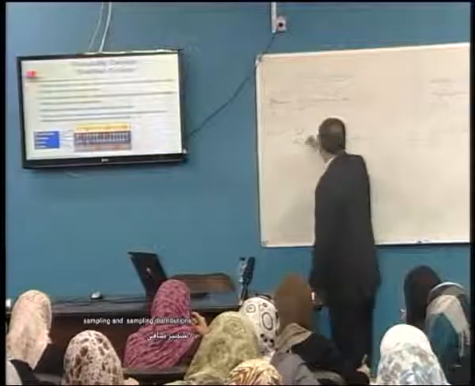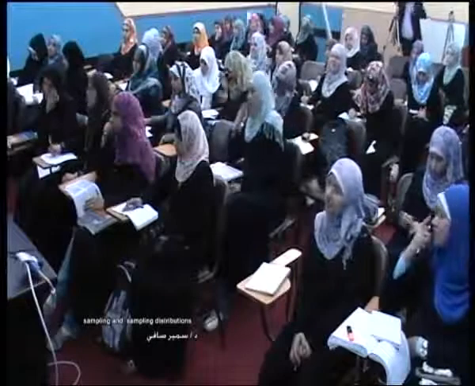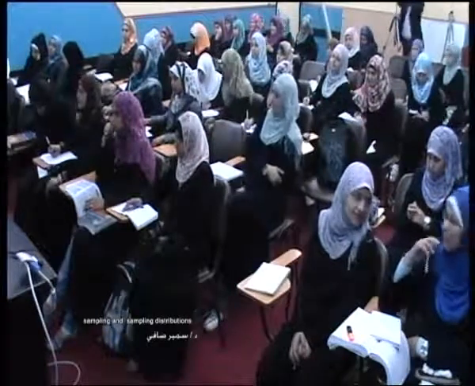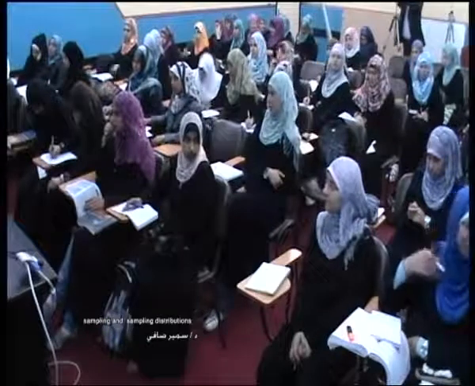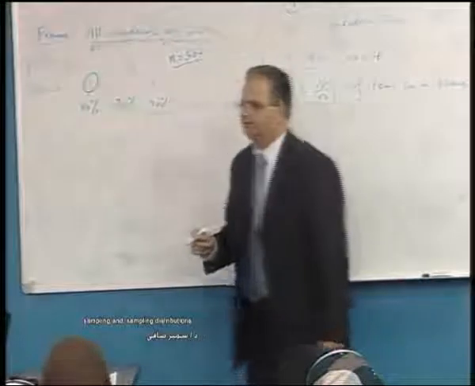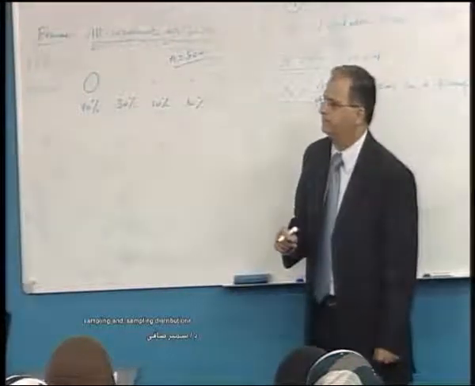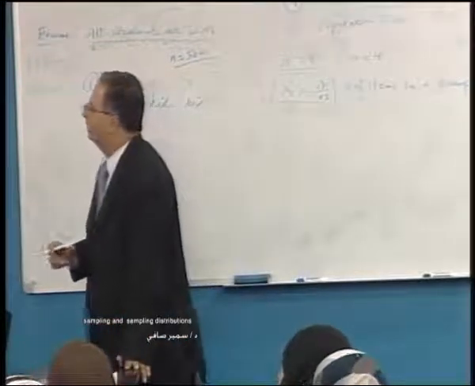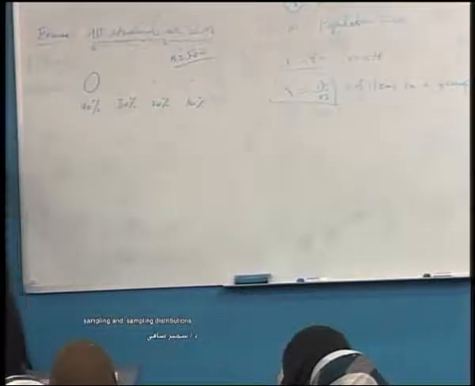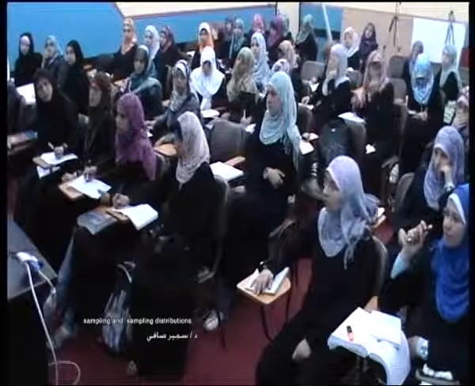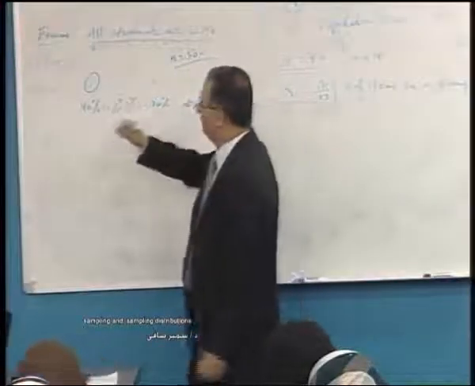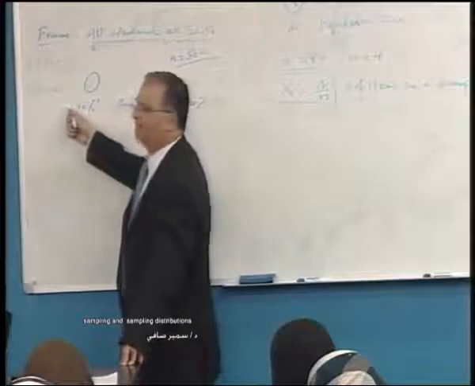To make more sense, okay. So again, there are 4 levels, and the proportions are 40, 30, 20, and 10.